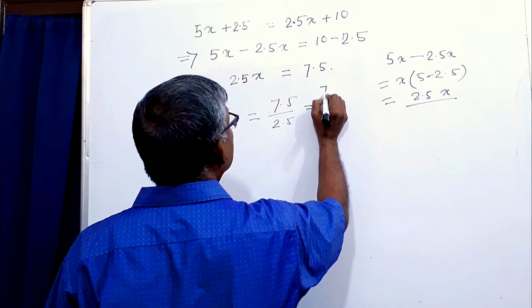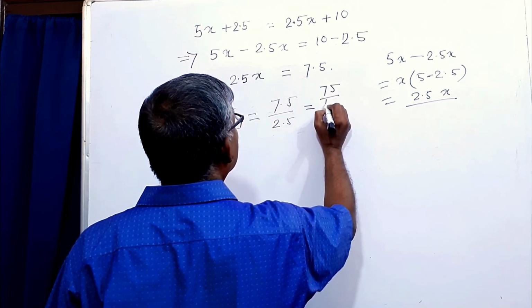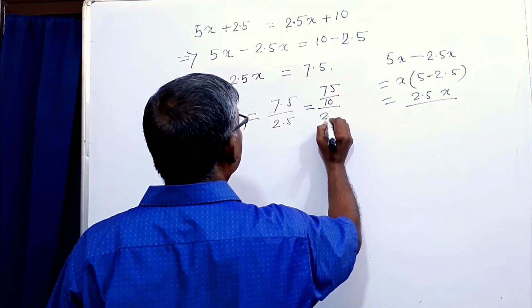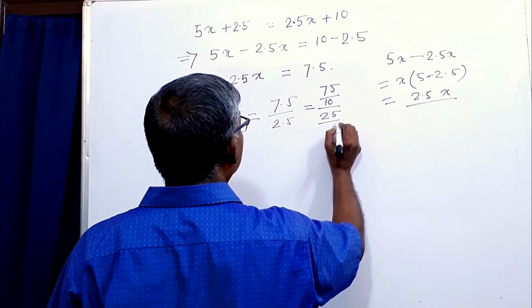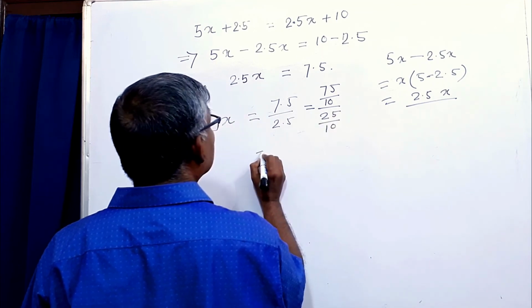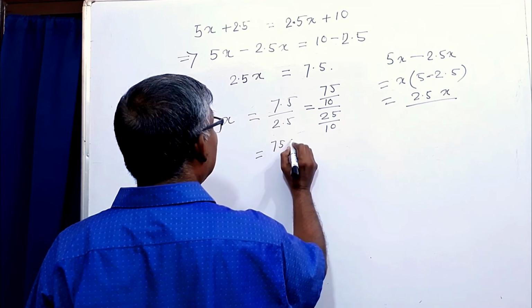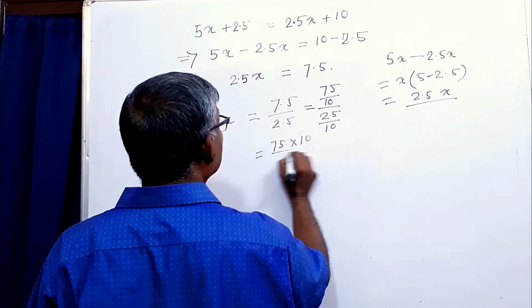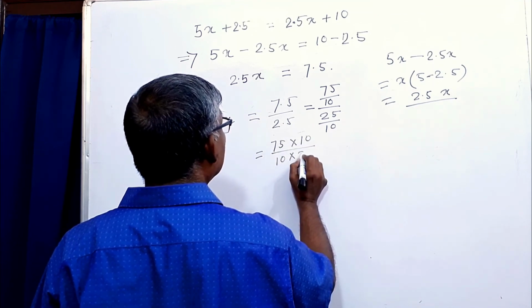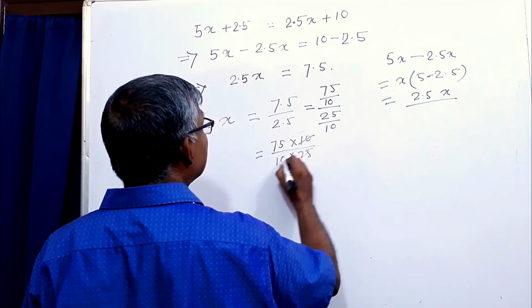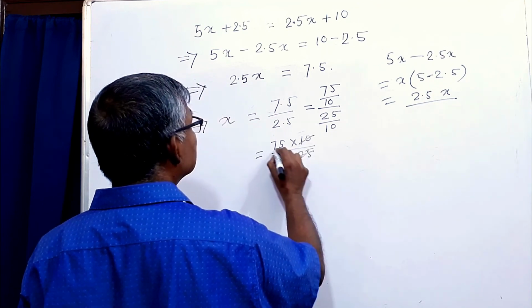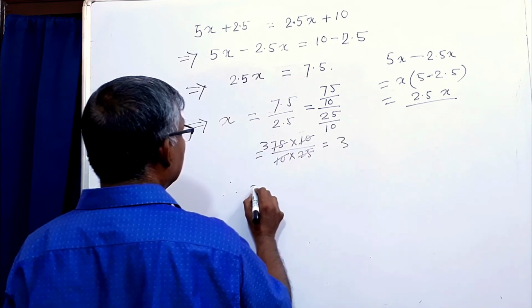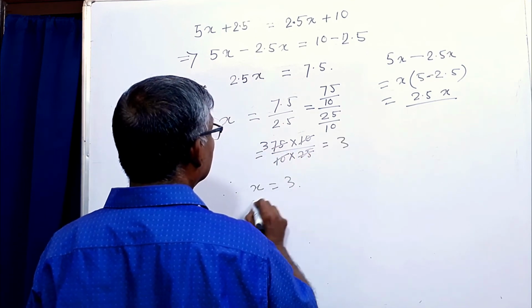This equals 75 by 10 by 25 by 10 equals 75 into 10 by 10 into 25. It is cancelled and it is also cancelled by 3. Therefore x will be 3.